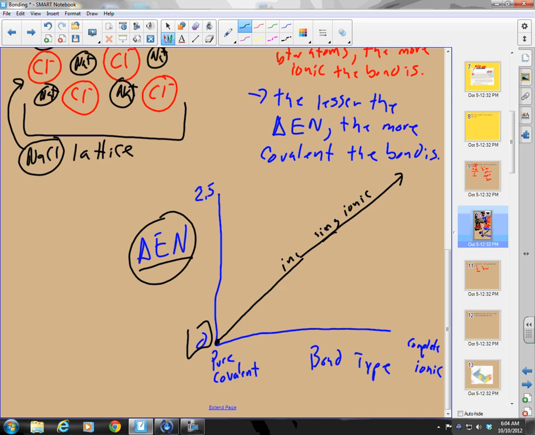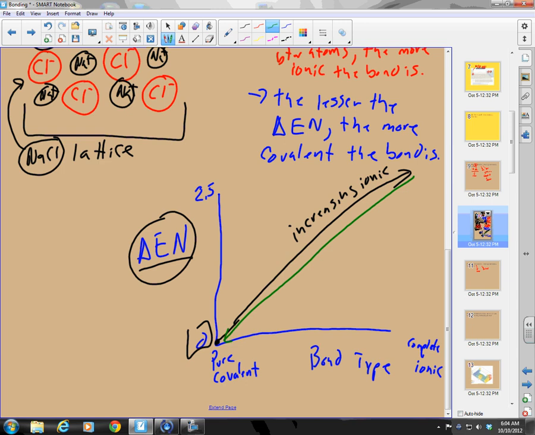This is a mess. Let's just do this. Here we go. This is increasing ionic character. And so the opposite, sorry about that, folks, this would be increasing covalent. There we go. Sorry to confuse you there.